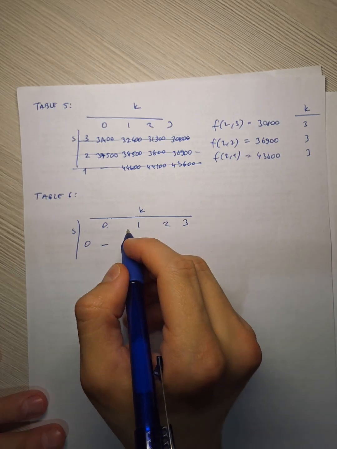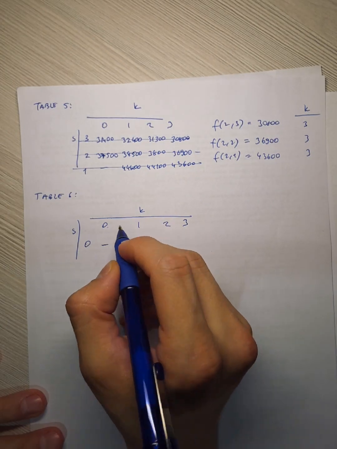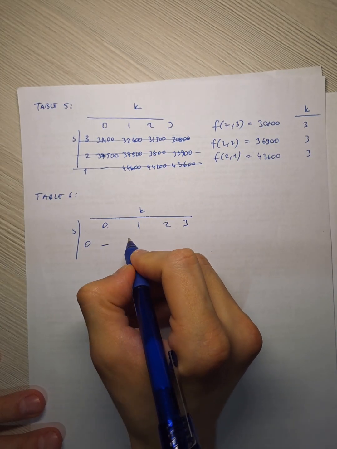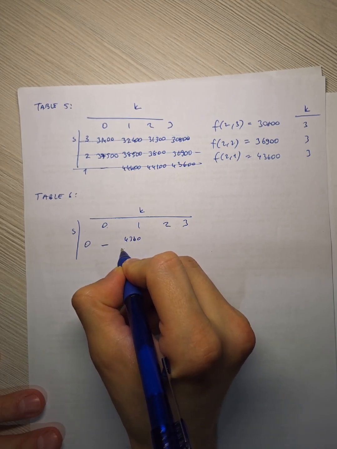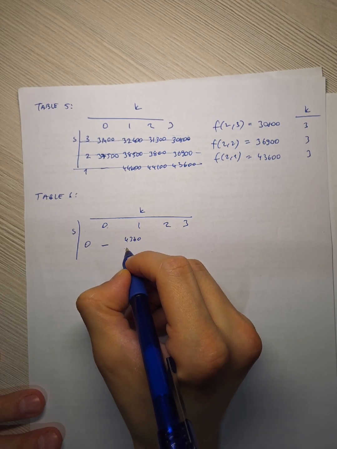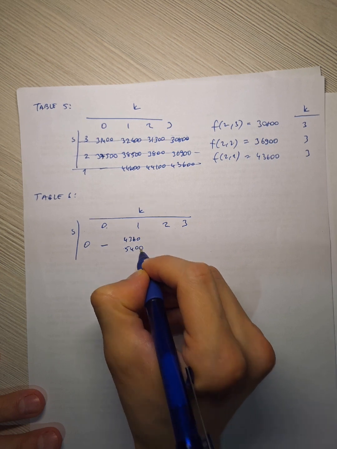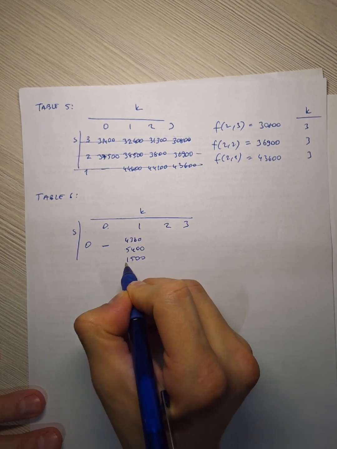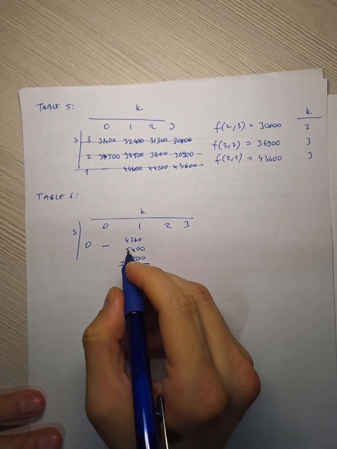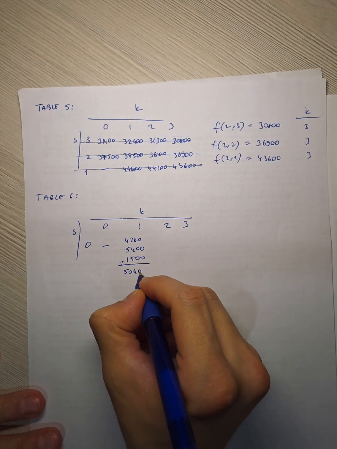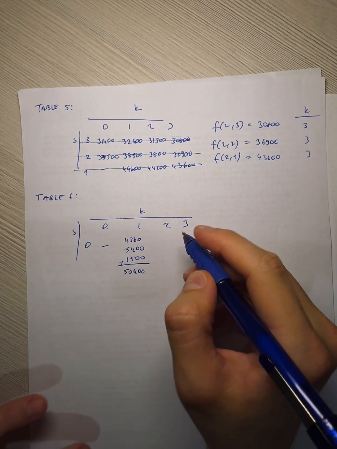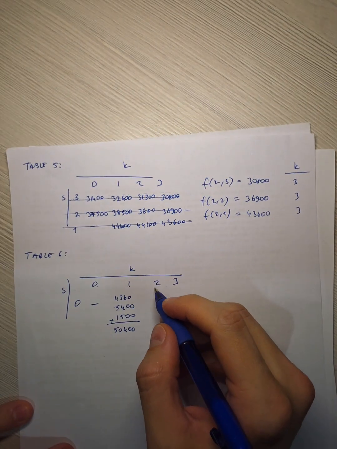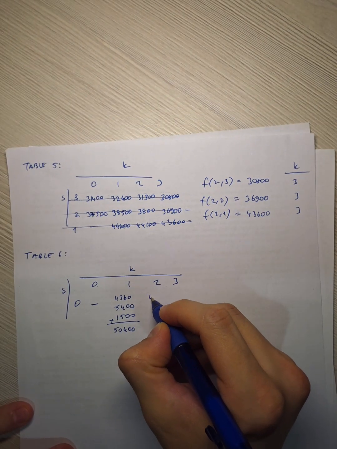You have to start with at least one. Okay, so this is 43,600 plus fee of building 1, 5,400 plus 1,500. In total it is 50,400. So just the same way I fill the table.